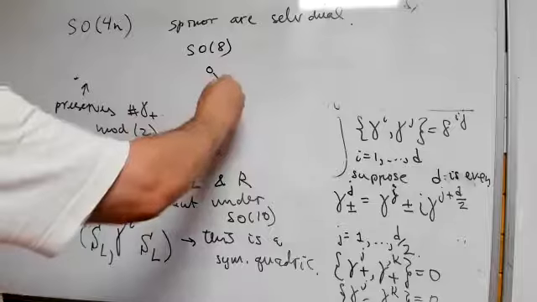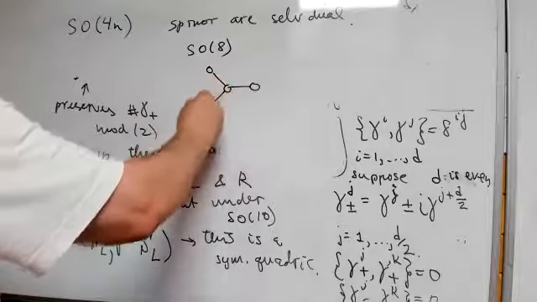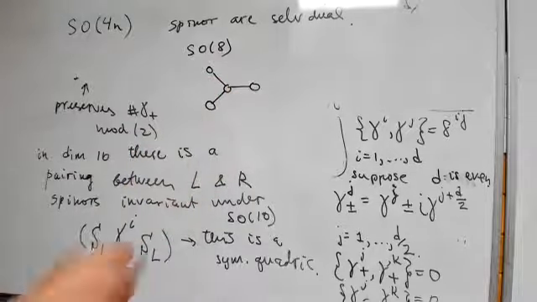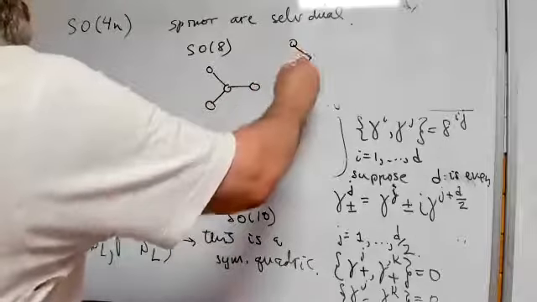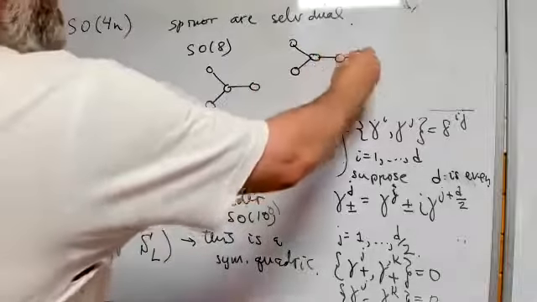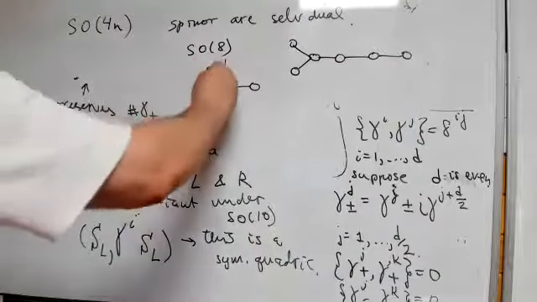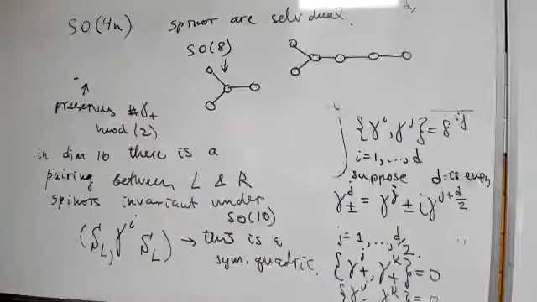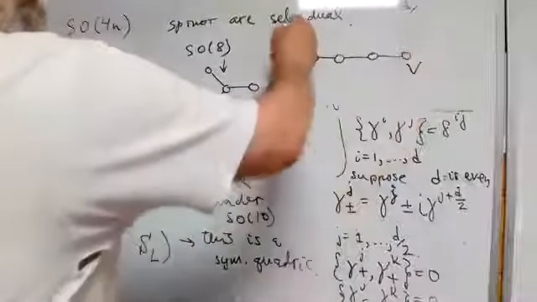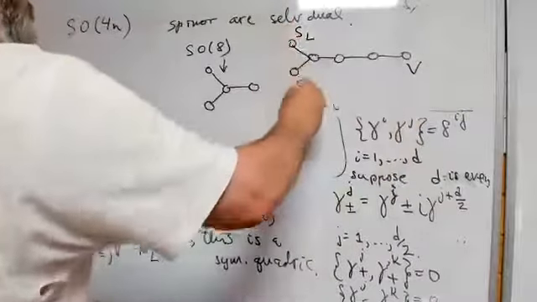It has the following Dynkin diagram. So for all SO2N, we have such a Dynkin diagram. For SO8, we have vector, left spinors and right spinors.